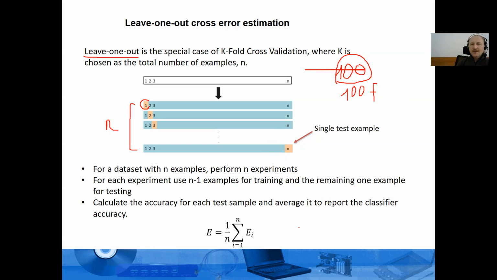If you have a very small data set, for example 40 or 50 samples, this method is the best option. Maybe you will repeat your experiment 50 or 40 times, but at the end, you will be more confident reporting the accuracy of your model.